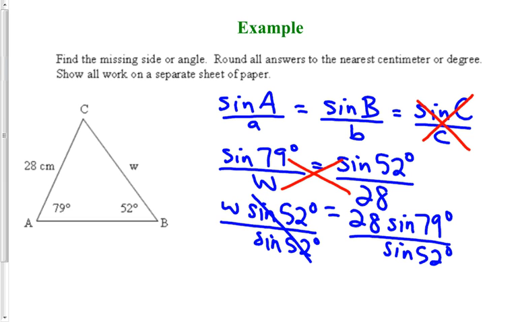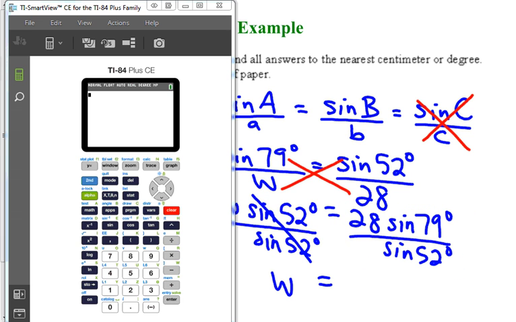Of course, those will cancel out, and we can plug all of this into our calculator to get our answer. So I plug in 28 sine 79 divided by sine of 52. Enter. Since they asked me to round to the nearest centimeter, I'm going to round that to 35 centimeters.